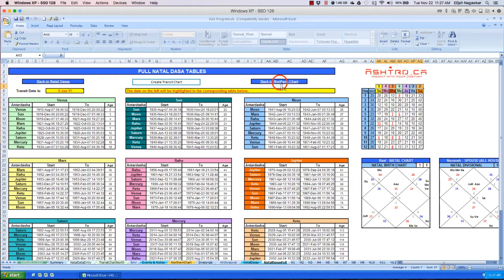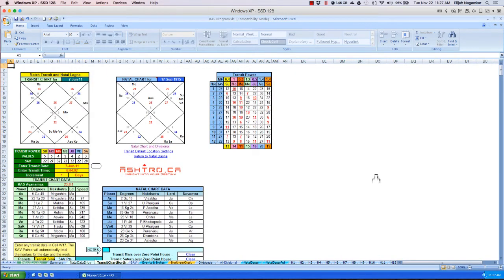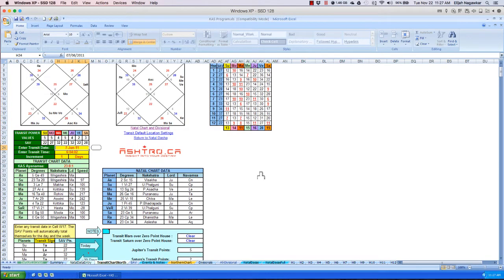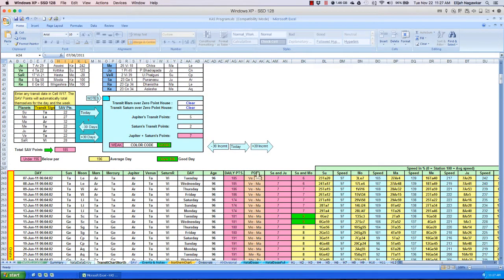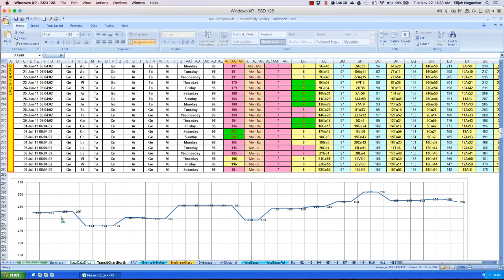Once I see that, I can look into the transit chart of what is going on 7th June. And I can see that on 7th June, 8th June and 9th June, the points are in ascending order.